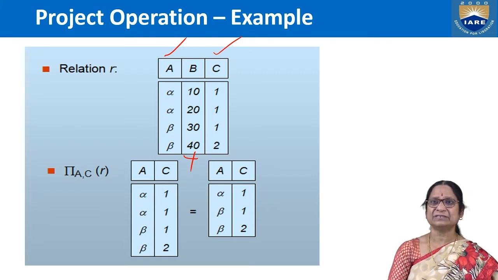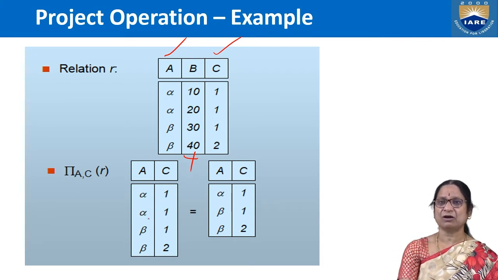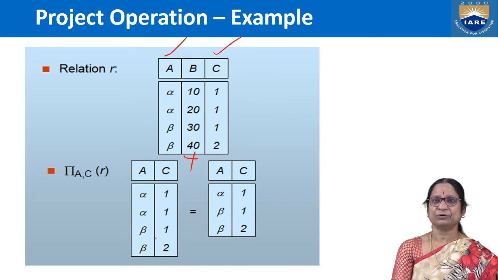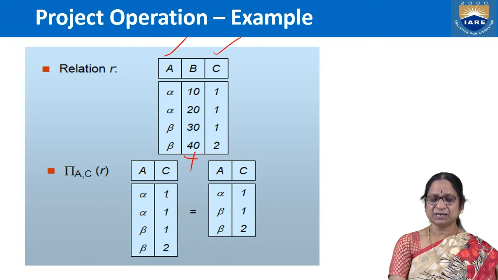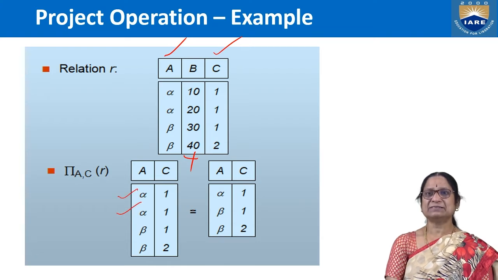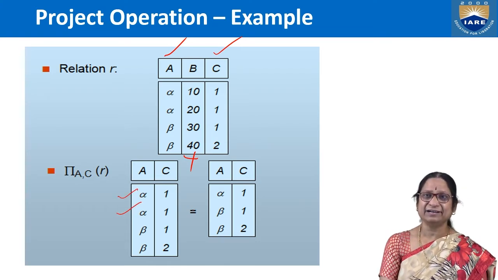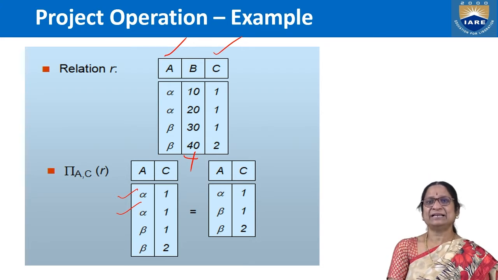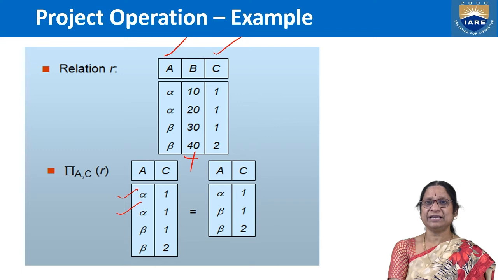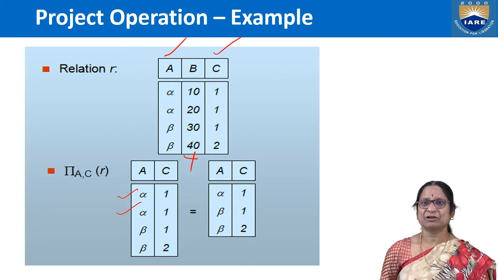So as a part of this, AC means we will get alpha 1, beta 1, beta 2. Total 4 tuples are there. But you observe in the result, 2 tuples are repeated, duplicated, redundant. At the time of defining our relational database, I explained to you, a relation consists of unique tuples and unique attributes. Please remember, unique tuples and unique attributes.